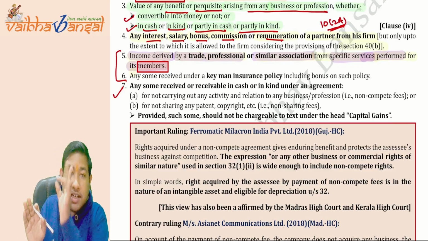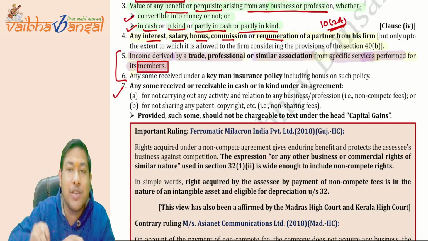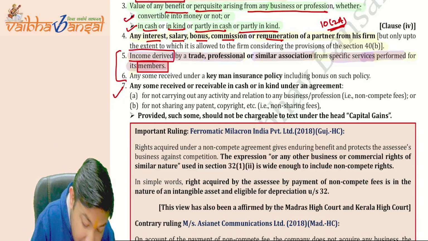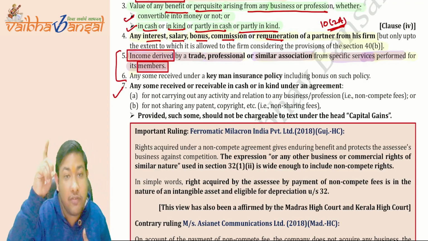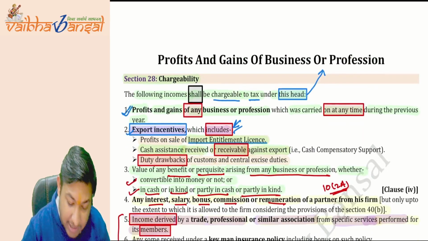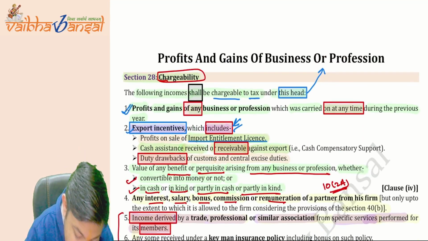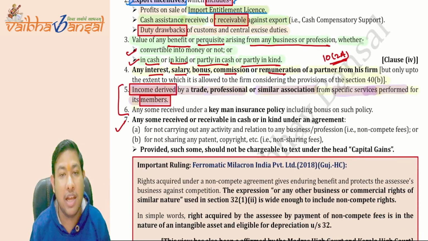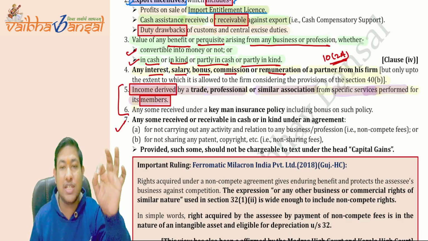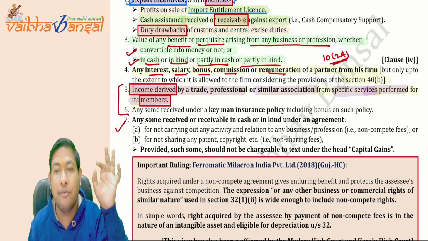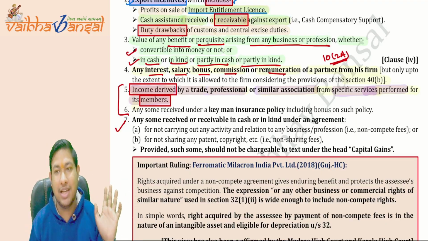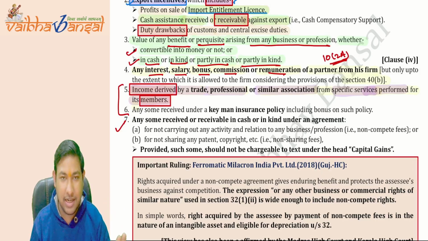It provided specific services for its member, Mr. Weber. So that income, 50 lakh rupees, is chargeable under the head PGBP. I hope it is clear.